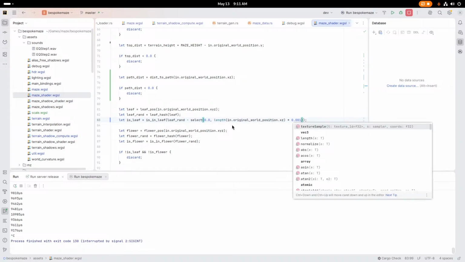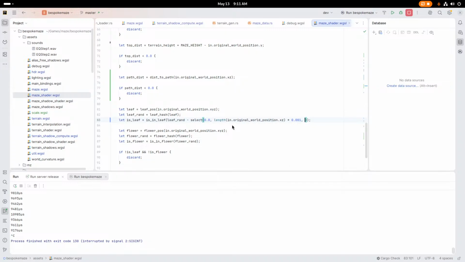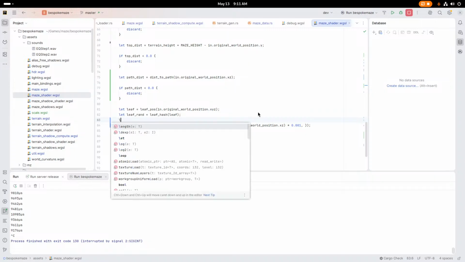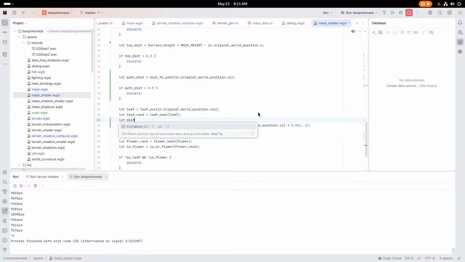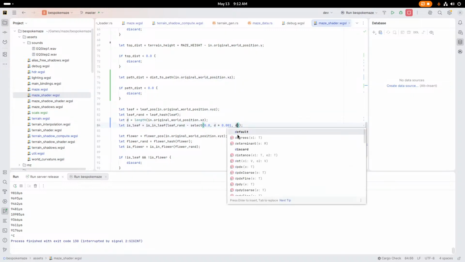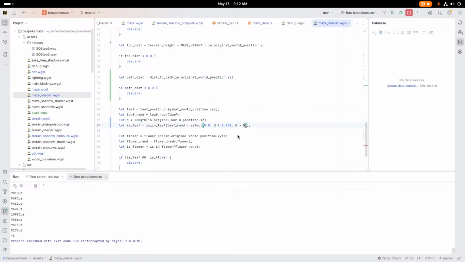Let's just do like 1,000. Yeah, 1,000. And then, alright, let's say this D is greater than dense radius.